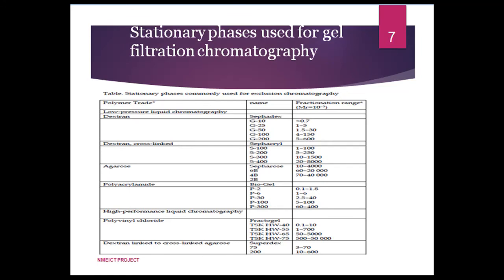When we want to use high performance liquid chromatography, matrices will be different because they have to withstand high pressure when we use HPLC. Under that condition, we cannot use the same matrices that we have used in low pressure liquid chromatography. For instance, here we use polyvinyl chloride as a Fractogel.